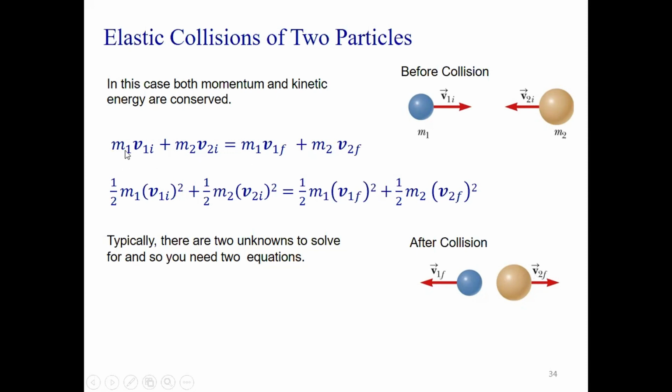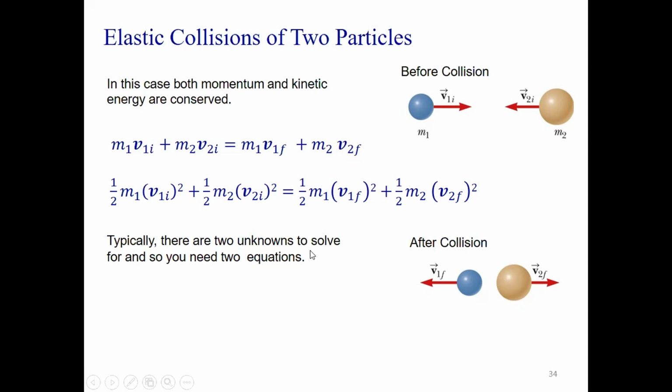It is m1 v1 plus m2 v2 initially, and it is equal to m1 v1 plus m2 v2 finally. However, the kinetic energy is also conserved, and in this case, m1 v1I square plus m2 v2I square is equal to m1 v1f square plus m2 v2f square.